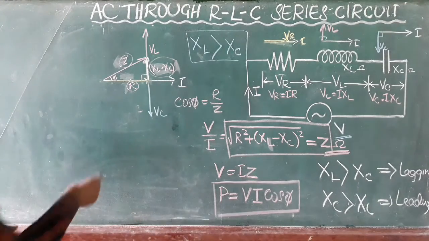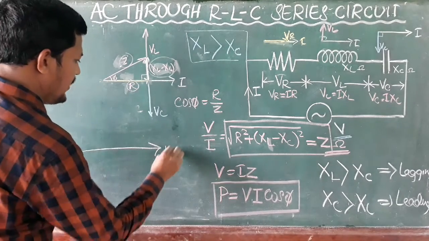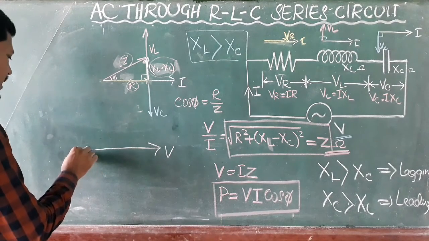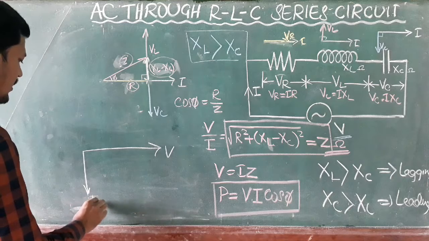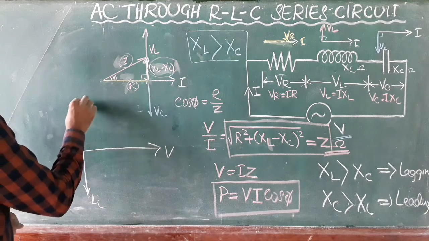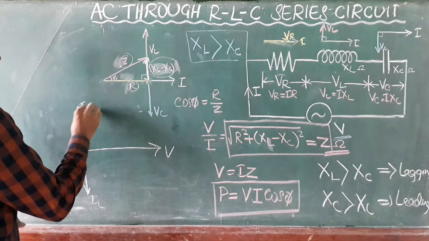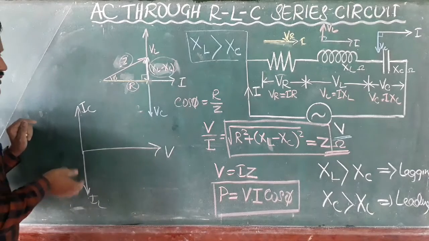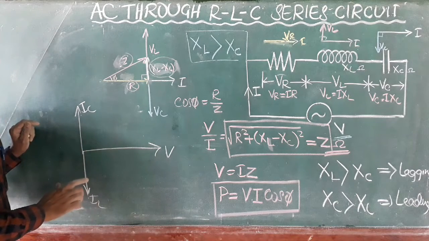Suppose this one is taken as the reference V, so the current is lagging in the IL inductor case and leading in the IC case. Clear? Whichever is more, on that side the lagging or leading will come.